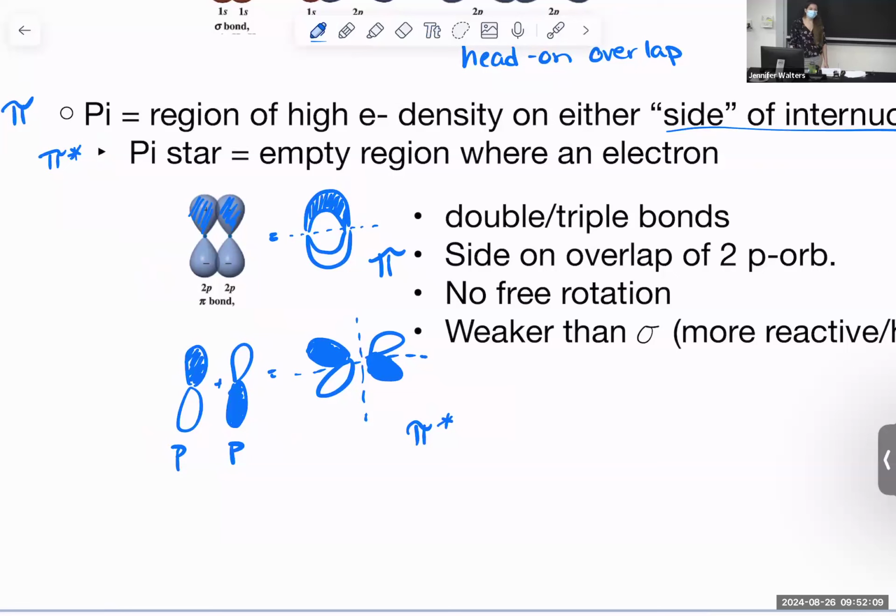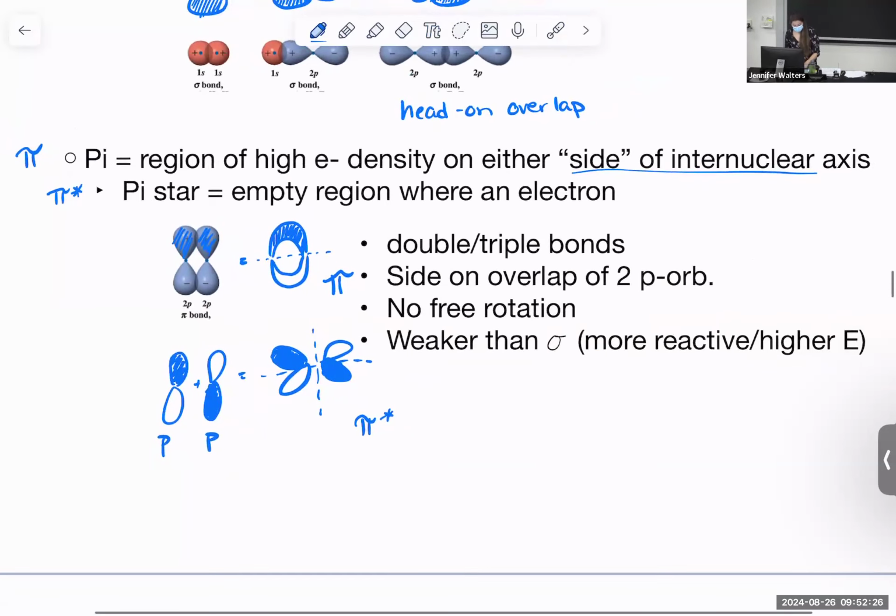That pi bond is what makes our double and triple bonds. Those are what contribute to the multiple bonds that we can form. So every bond is going to have a sigma. Our double bonds are going to have a sigma and a pi. Our triple bond will have a sigma and 2 pi. Our pi bonds are only made from the side-on overlap of two unhybridized p orbitals.